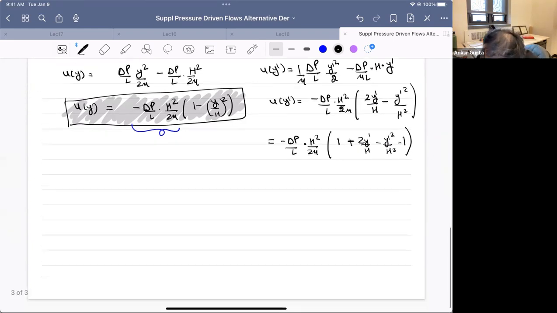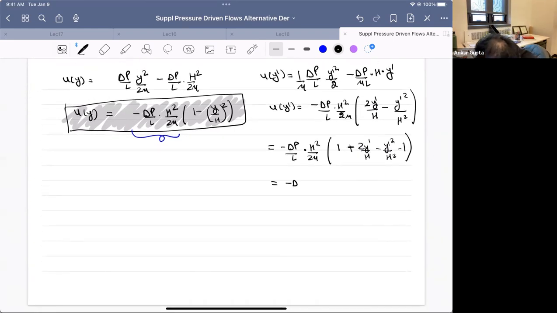And if I do this, minus delta p by L into h square by 2 mu, this becomes 1 plus 2y prime minus y prime square minus h square by h square. And this becomes minus delta p by L h square by 2 mu.